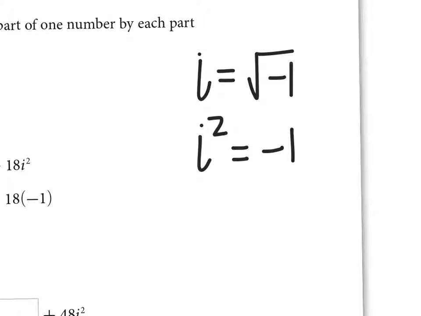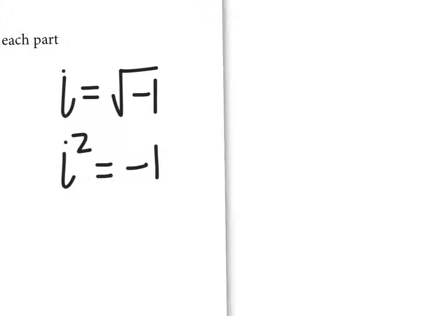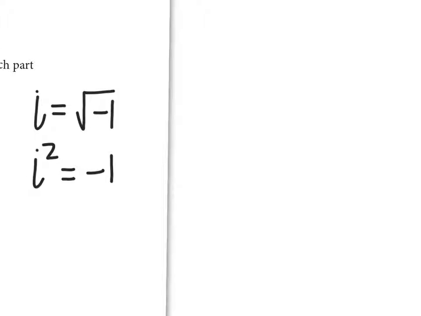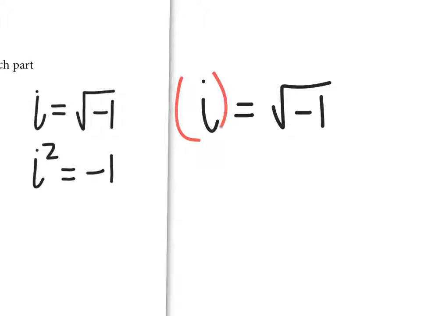I need to explain that, so I'm going to move over here to the side. You don't necessarily have to write this down unless you just want to. I need to talk about why this i squared is equal to negative 1. Let's start with i, which we know is the square root of negative 1. If I wanted to square that, I can do whatever I want as long as I do it to both sides of the equation.